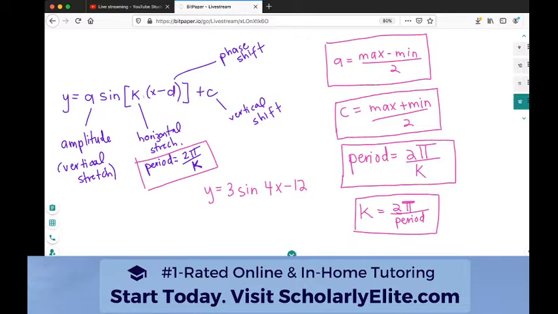This is arbitrary, remember, haven't done anything yet. Plus 10, okay? I have to factor this 4 out of this first in order for it to be the k value. So I'll show you what I mean. Sorry, plus 10. And then now I can attribute that to being my k value.